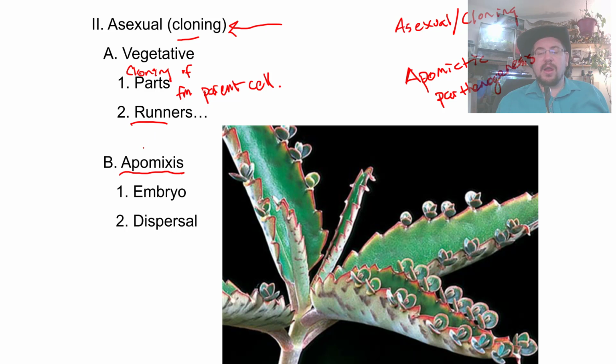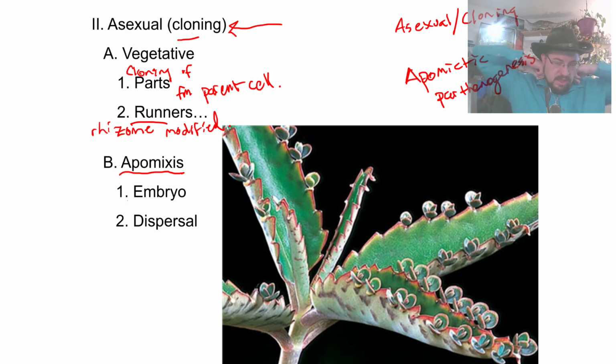Runners are a variety of different potential sources, but basically what you get is something like perhaps a fern that carries a rhizome, underground horizontal stem. So rhizomes can be easily modified. Right, so a modified rhizome to make a runner allows you to crank out clones of the plant at different locations.